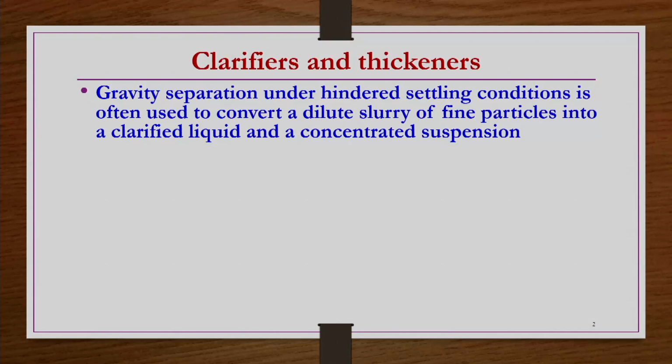There will be different regions of settling where the velocity may be constant or rapidly decreasing to a certain extent, and then another region where it decreases very slowly. This process is generally carried out in large open tanks called clarifiers or thickeners.